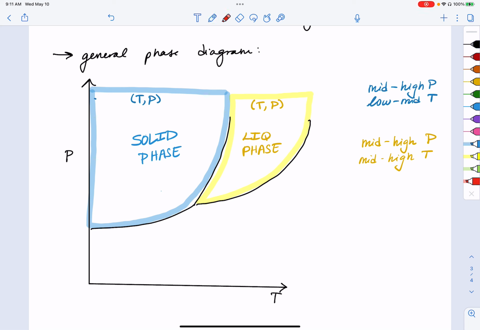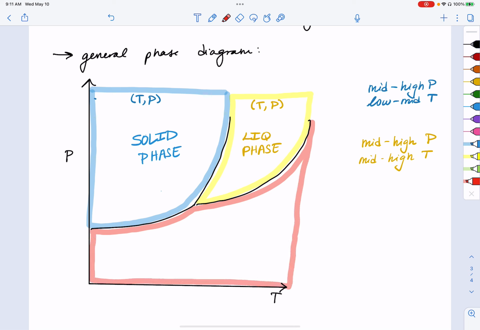Leaving behind for us the remaining section of this curve, all of these temperature and pressure points that range from low to high temperatures, but in particular low to mid-ish pressures.